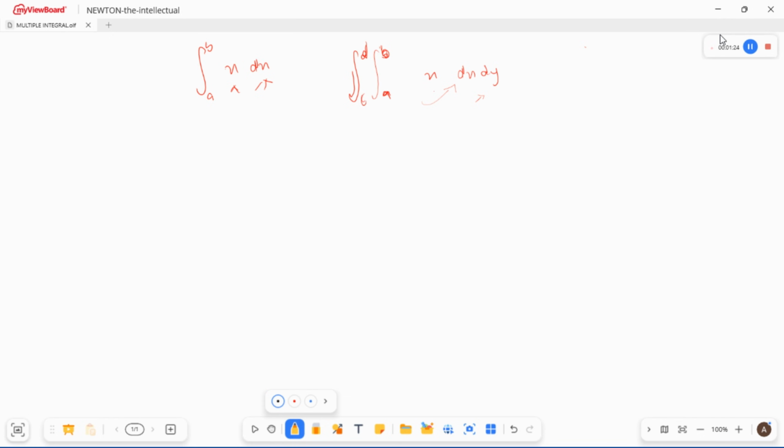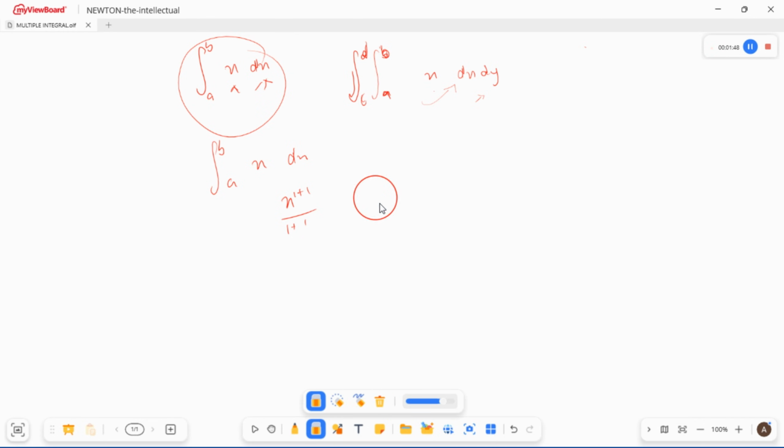Right. So I'm going to explain the concept of this so we can see how we use it to apply it to questions. Now, if we were to solve the integral of x from a to b dx, then we will just have x to the power 1 plus 1 over 1 plus 1 plus c, right? But because it is a definite integral, we're not going to be adding our plus c.